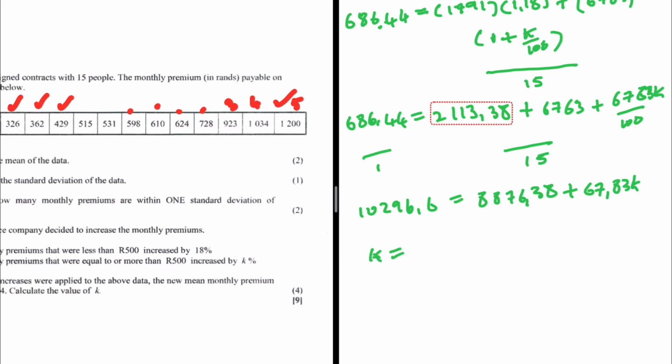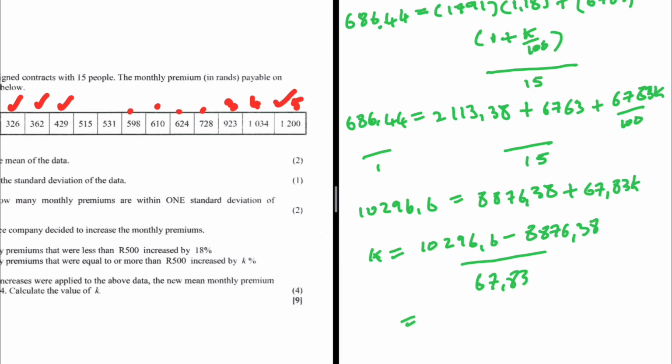will be equal to 10,296.6 minus 8,876.38, everything divided by 67.83. So k is equal to, okay, 10296.6 minus 8876.38, everything divided by 67.83.